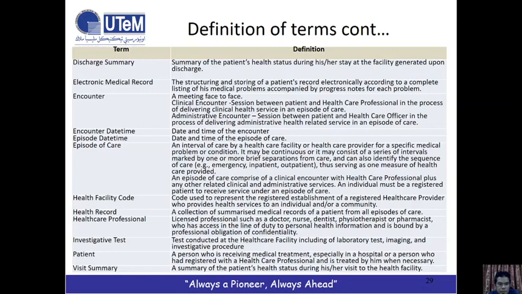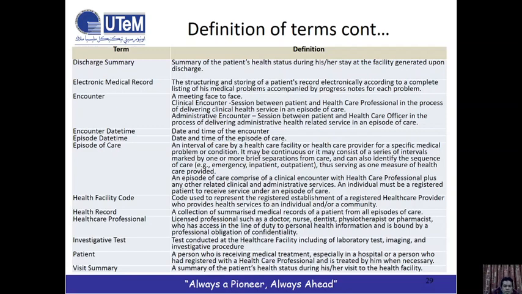When we talk about health facility, it is a hospital, or clinic, or blood center. Let's say IJN, Institut Jantung Negara in Kuala Lumpur. That is considered a health facility. Any organization or facility that gives healthcare service to the patient, we call it a healthcare or health facility.